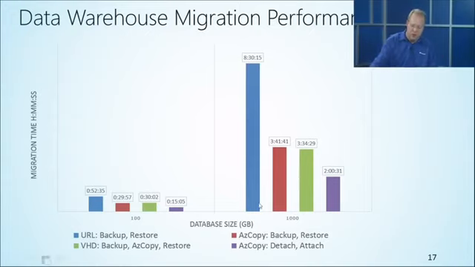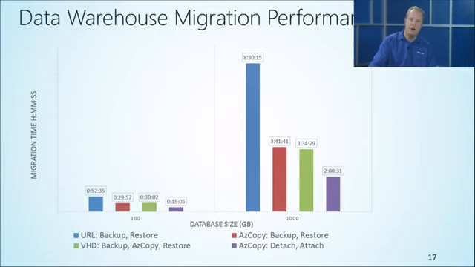For all of the other approaches, in particular for the copy process, we're using multiple files that we could copy in parallel. And that option just does not exist as of now with backup and restore to URL. And it speeds up all of the other approaches quite dramatically. So that was something that really has helped us. And that's something that you should also think about when you migrate your data warehouse.